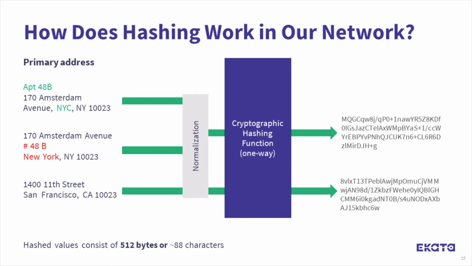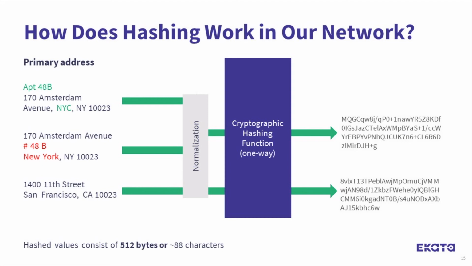But in order for us to hash everything and still get value out of it, the key component of our network and our technology capability is that we have to normalize everything, especially name, address, and now we are seeing more and more that with email and phone as well.